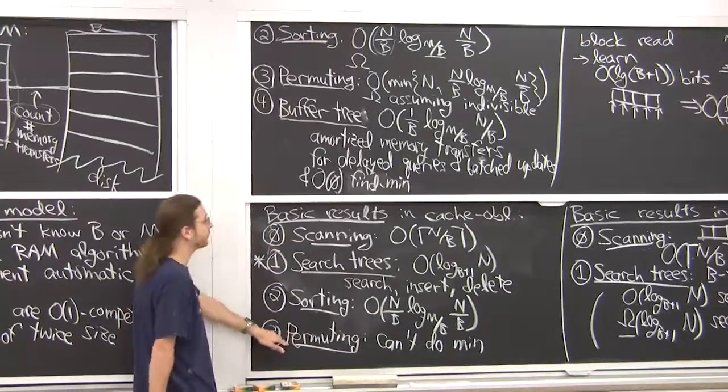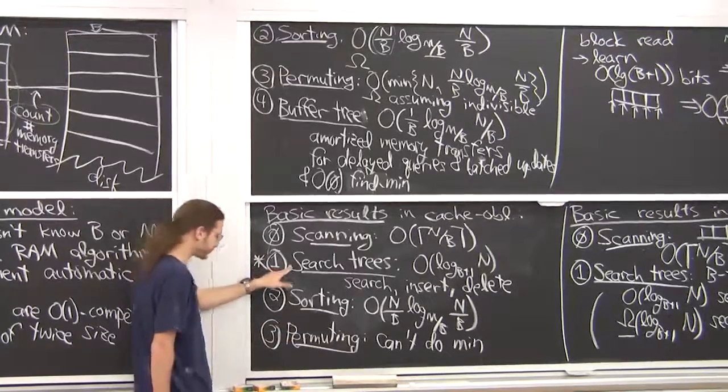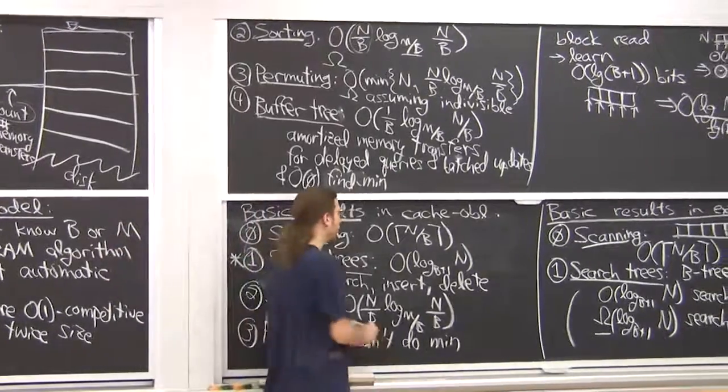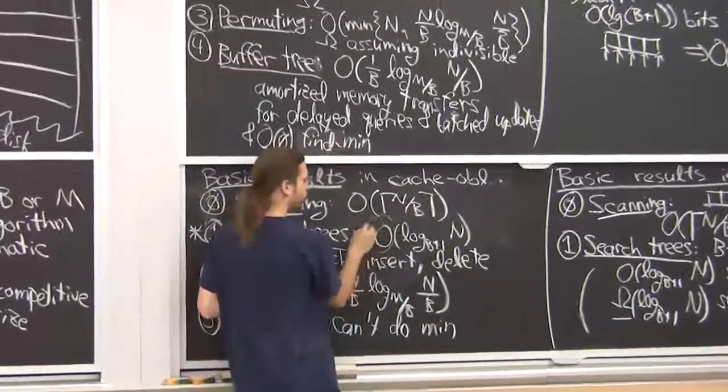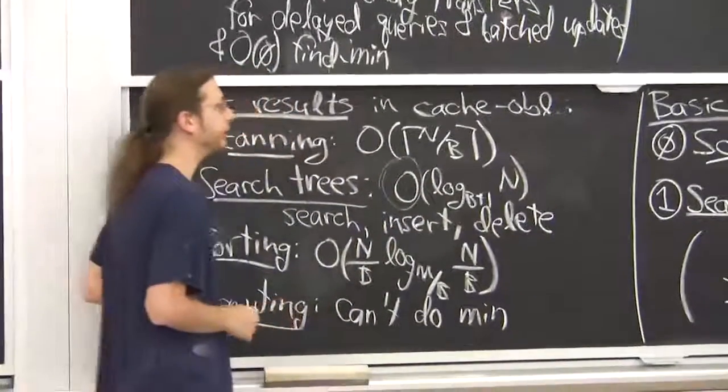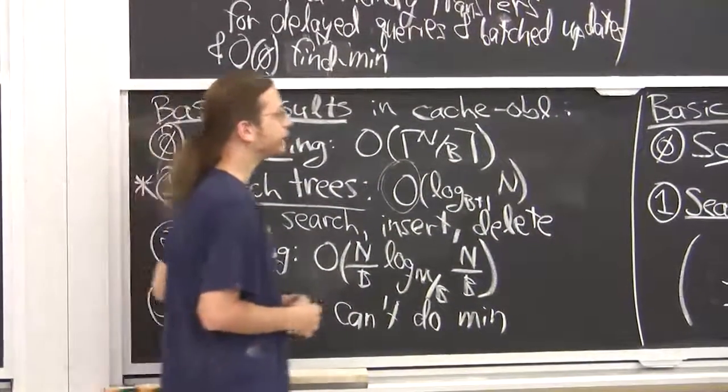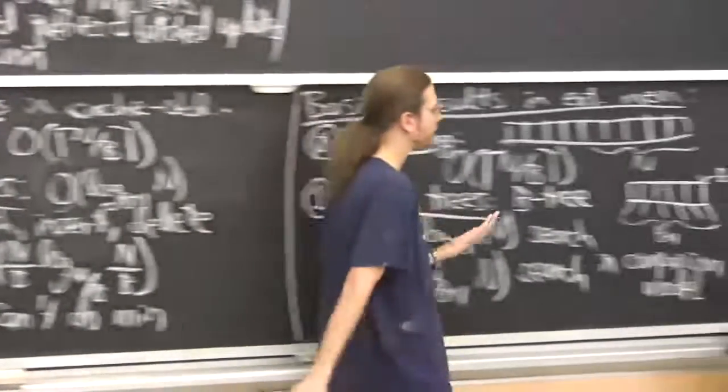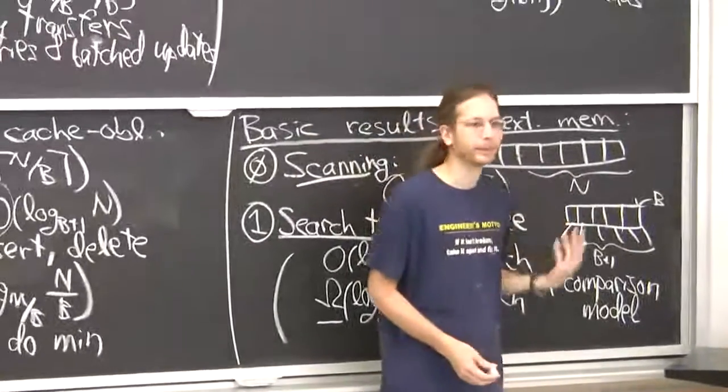Another fun negative result is actually in search trees. You might ask, what is this constant factor here in front of the log base B plus 1 of N? And for B trees, the constant factor is essentially 1.